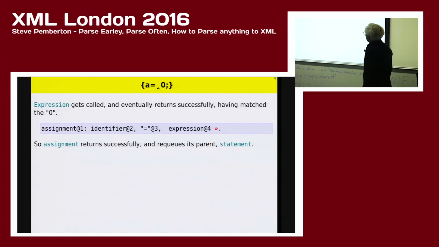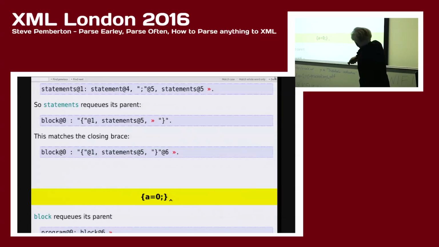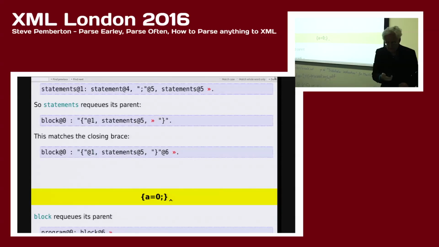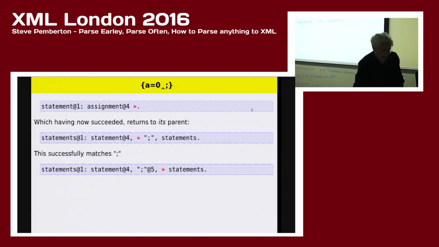But what happens is that at a given moment, expression succeeds for the 0. So assignment then returns to its parent, which is statement.